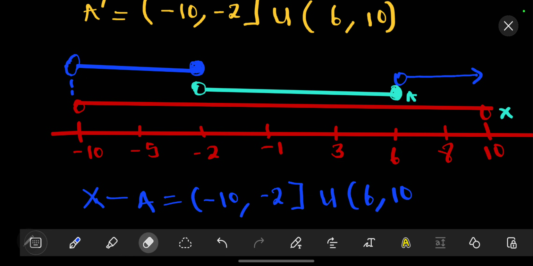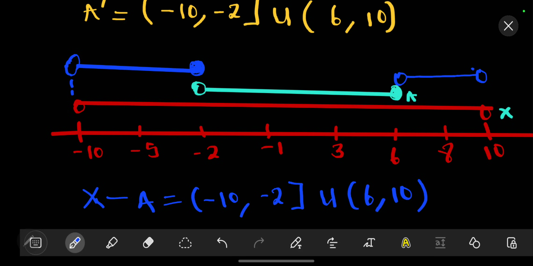So the arrow here does not necessarily continue at that point. It just ends at 10 since the universal is out of 10. So when we are looking at set differences, we are looking at what members are in x that are not in a. That's the meaning of x minus a, and that really simplifies things.